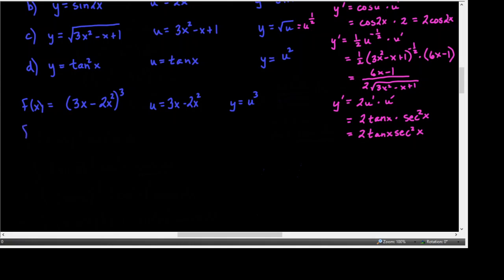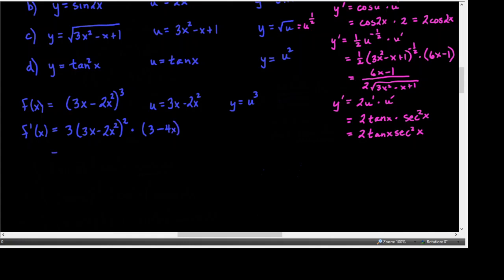So the derivative here, looking at the outside function as cubing, will be 3 times whatever is inside to the reduced by 1 power, then multiply by the derivative of the inside something. The derivative of 3x minus 2x squared is 3 minus 4x.